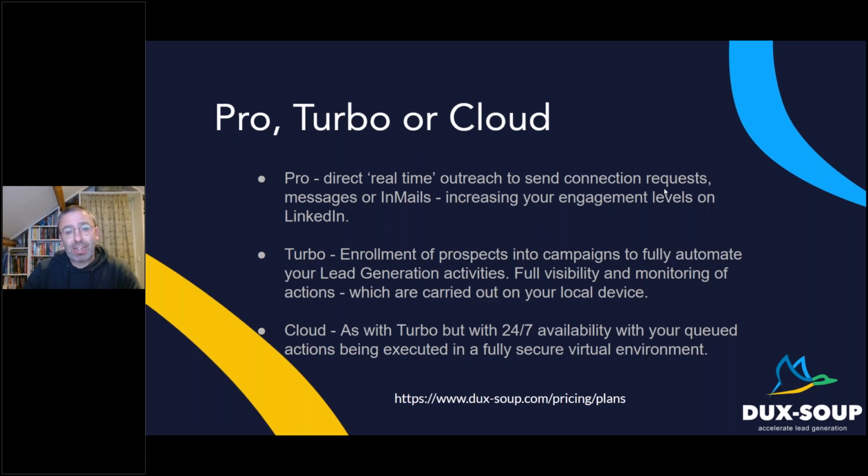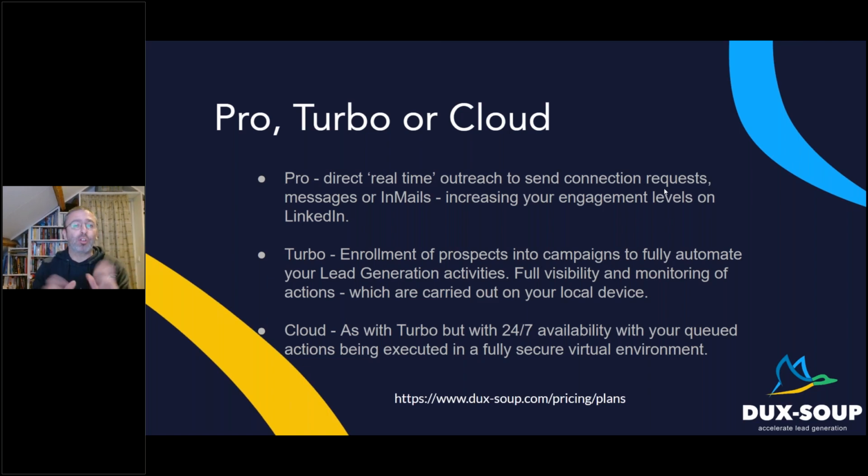Turbo is a version that's been running for coming up to 5 years. So Pro's been around for nearly 10 years, and Turbo's been around for nearly 5 years. Turbo allows you to build campaigns and enroll prospects to fully automate your lead gen activities. You get full visibility of monitoring actions, and you also have the possibility to integrate with other platforms.